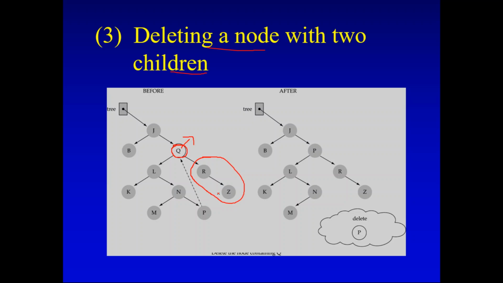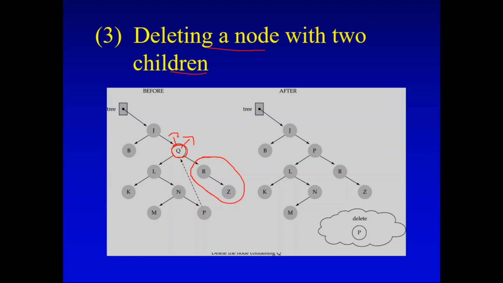You have to find the smallest node in the right subtree, and that should be replaced with Q. That's it. So if you see here, what is the smallest node in the right subtree? Actually R is the smallest node. So R should come here.